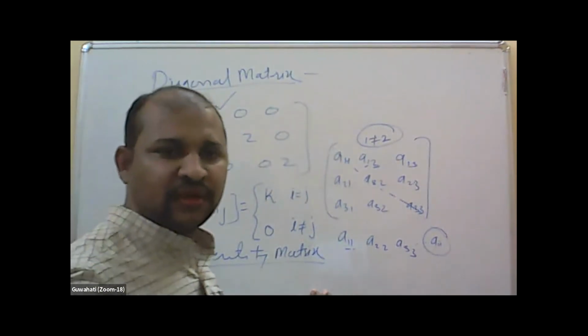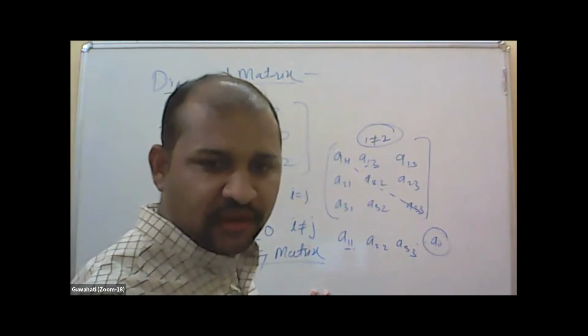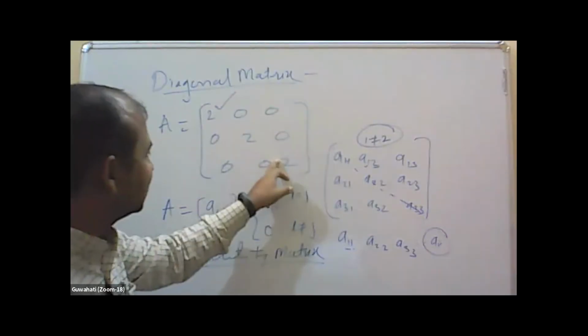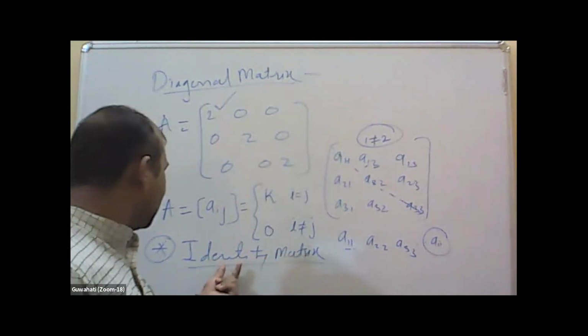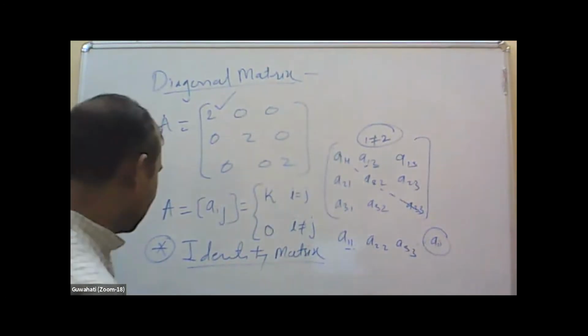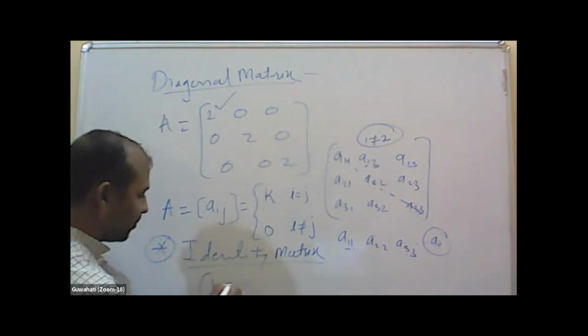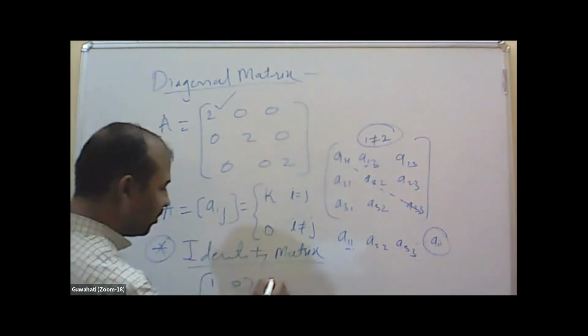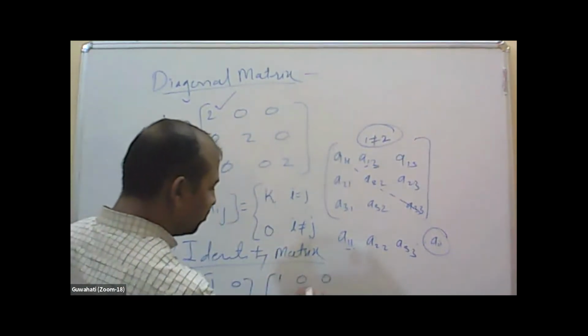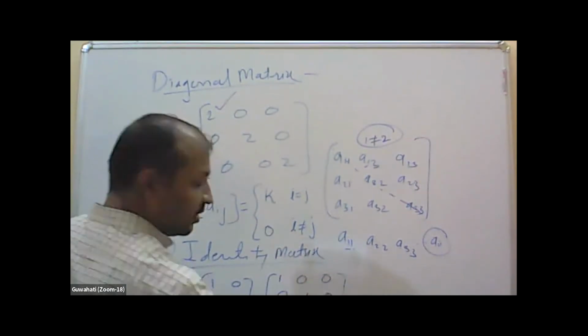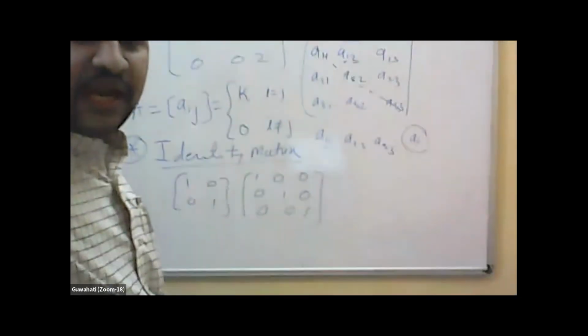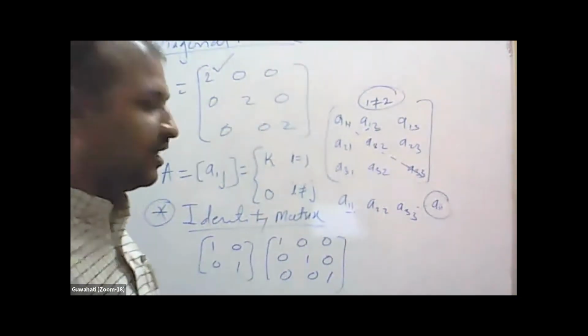If all the diagonals are 1, it is a unit or identity matrix. So for a 2 cross 2, like 1 0 0 1. For 3 cross 3, 1 0 0, 0 1 0, 0 0 1. Right, so these are examples of the identity matrix.